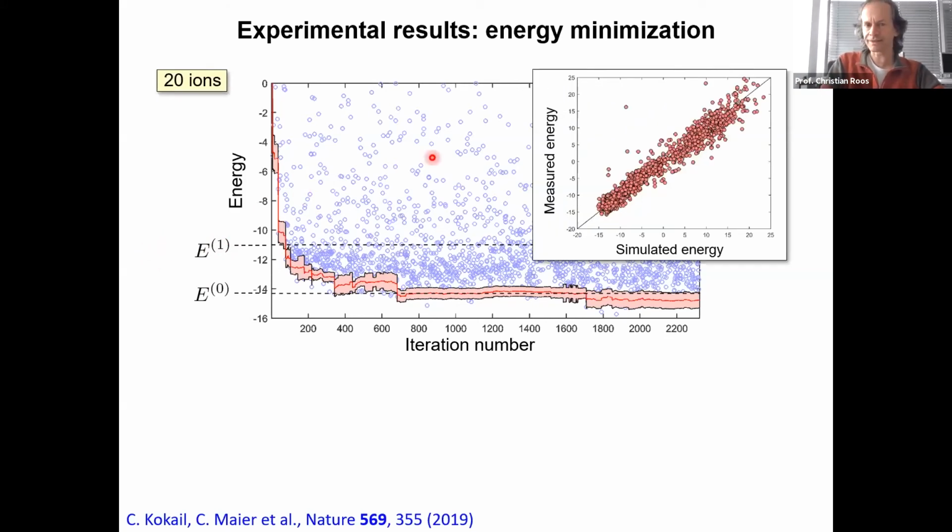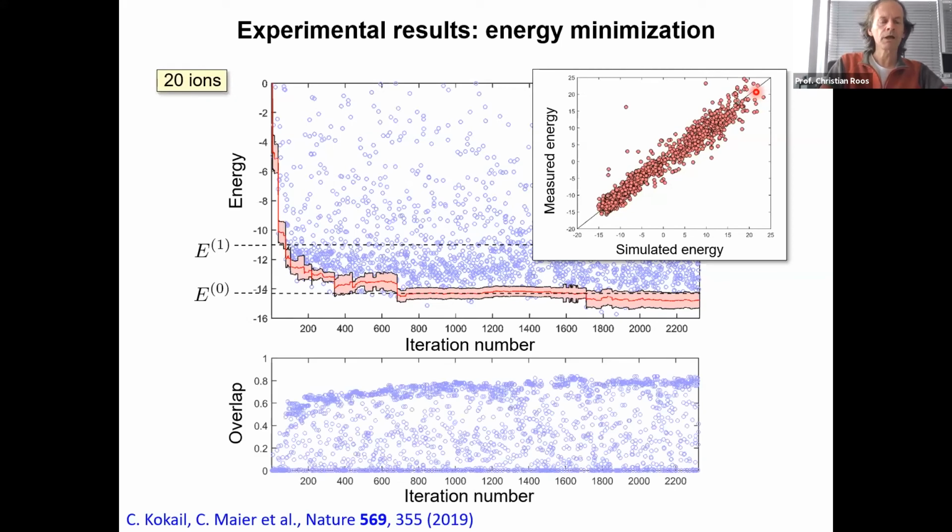And what we also see is that we can measure the energy, but of course, since here we have a simple model problem, we can also simulate the experiment, and then we have some simulated energy that we expect to see. And we have a pretty good match between the measured energy and the simulated energy. So that's fine. And also, for a given set of parameters, we can calculate the expected overlap between the true ground state and the state that we hope to prepare in the experiment.